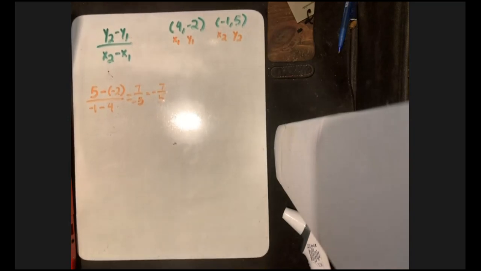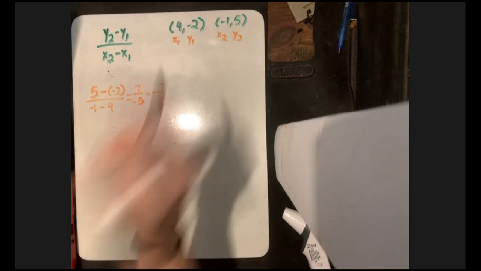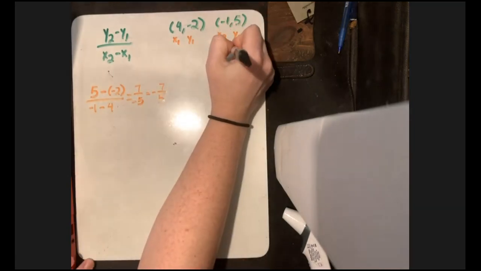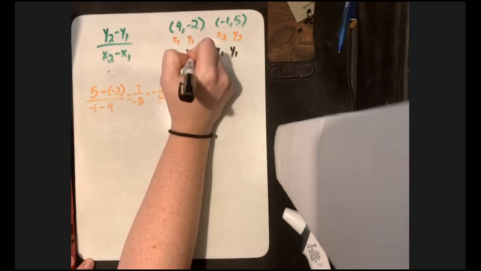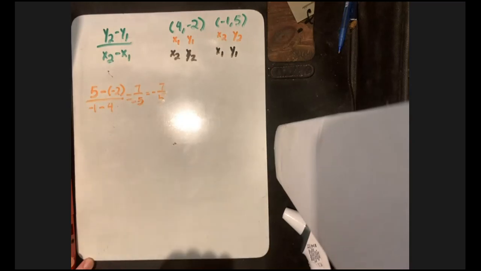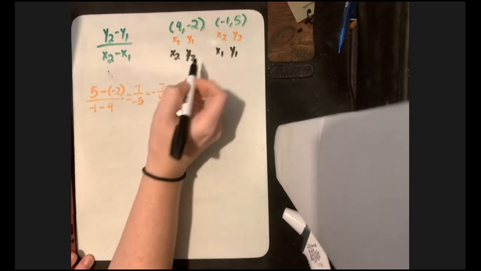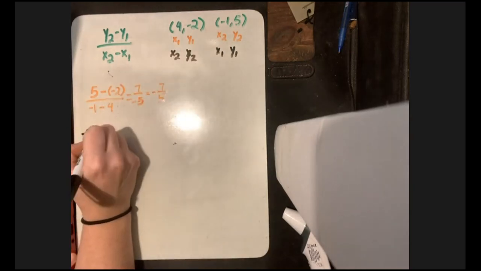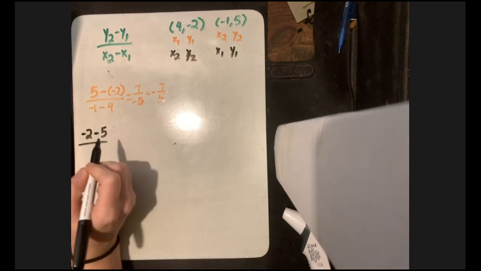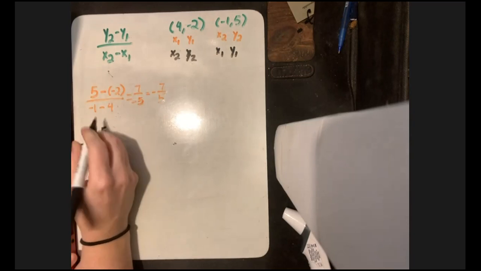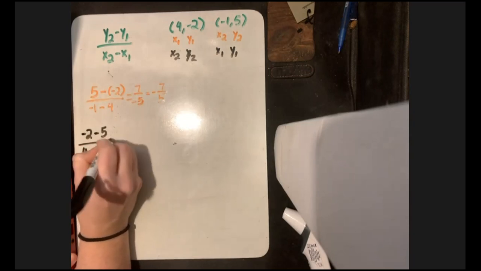Now, I'm going to pick a different color here and say, what if you chose to let this set be your x1 and this other set to be your second pair? Then y2 would be -2 minus 5 over x2, which is 4 minus -1.